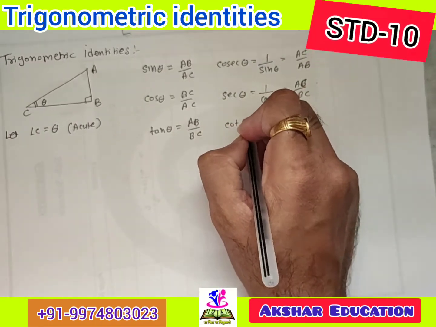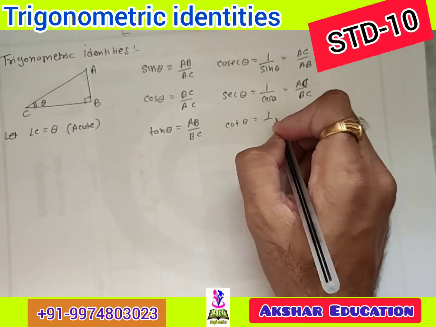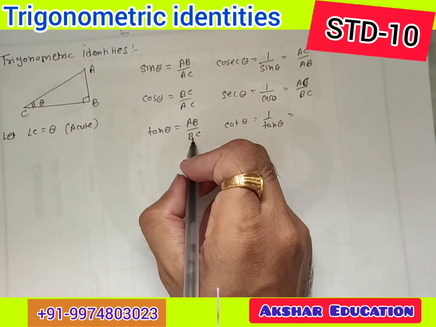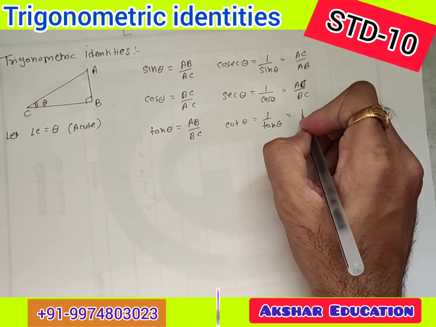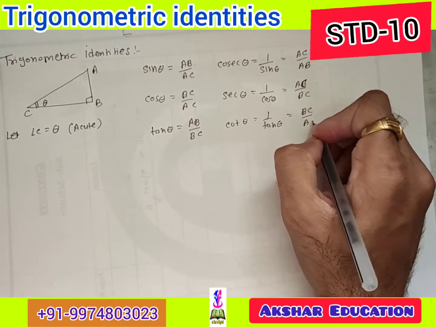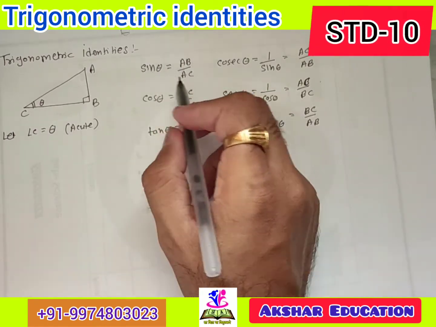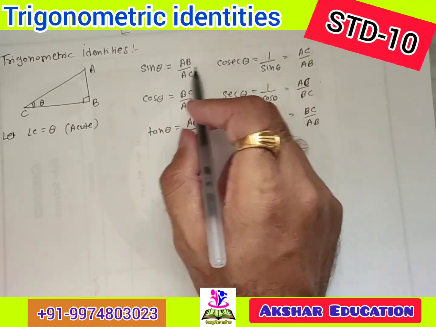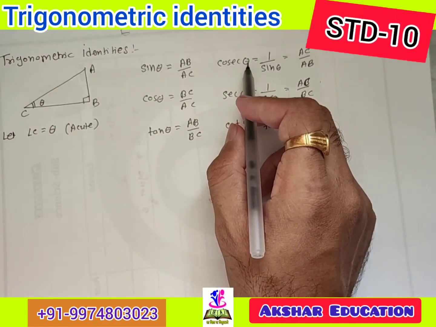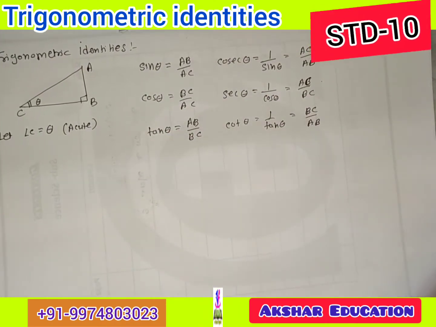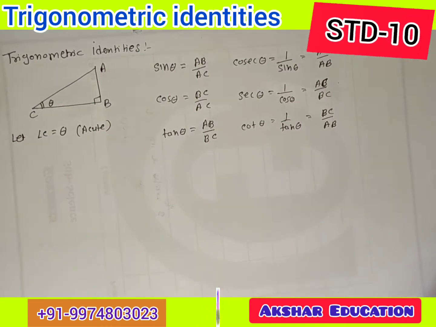Another one is cot theta, which is reciprocal of tan theta, and that is defined as reciprocal of this AB by BC, which is BC by AB. Then these are the three main trigonometric ratios and the three remaining ratios which are obtained from these given trigonometric ratios. Now we have to discuss trigonometric identities.